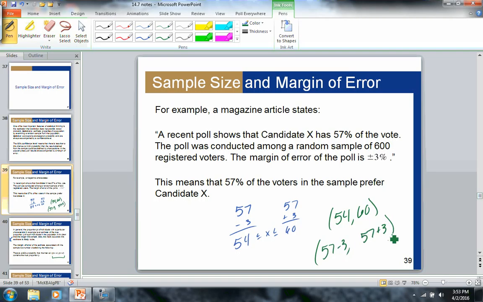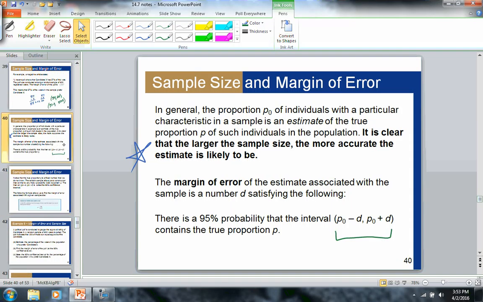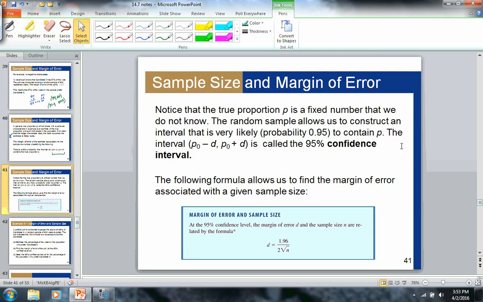So that's the interval notation that they're using here. Now in that interval then, that is where I have to contain the actual result. So if that interval contains the actual results with a 95% confidence, that's what we want.